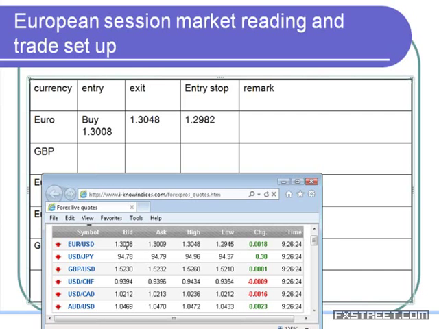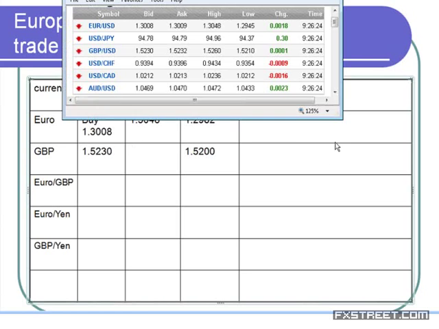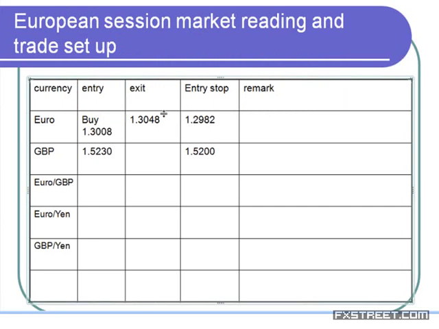Okay. Now in the case of euro, they have not breached the low, but they made the small dip, so we have taken a buy. So GBP we will try to take a buy at 1.5230, with 1.5200 as the limit, entry stop, and 1.5260 is the initial high.